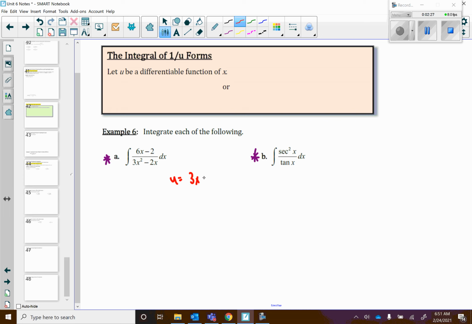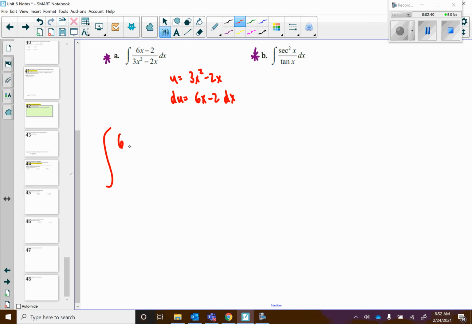u is equal to 3x squared minus 2x. That means du is equal to 6x minus 2. Hey, that's really nice. So this is the integral of 6x minus 2 over u times du over 6x minus 2, right? Because we solved for dx and moved that to the other side. These cancel, and we have the antiderivative of 1 over u du.